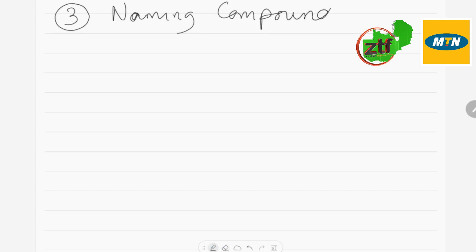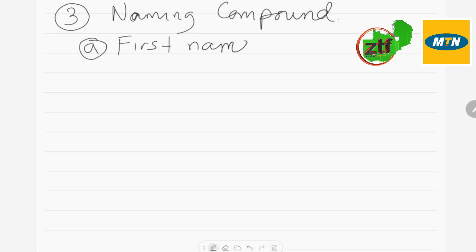Okay, so we're looking at question 3. So we'll start with some basic rules for naming compounds. The first thing that guides us to name a compound is the number of carbon atoms. So the first name.